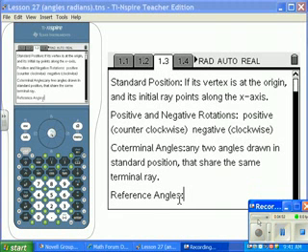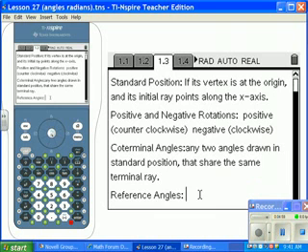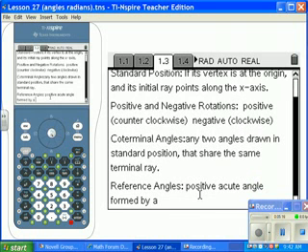All right, reference angles. Are we ready for reference angles? Okay, reference angle: positive acute angle formed by a terminal ray and the x-axis.